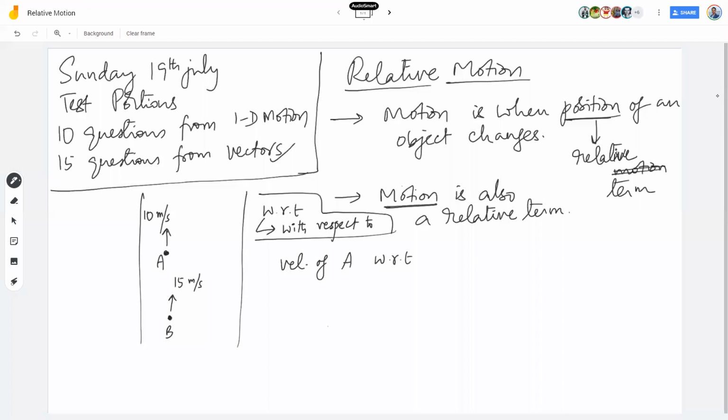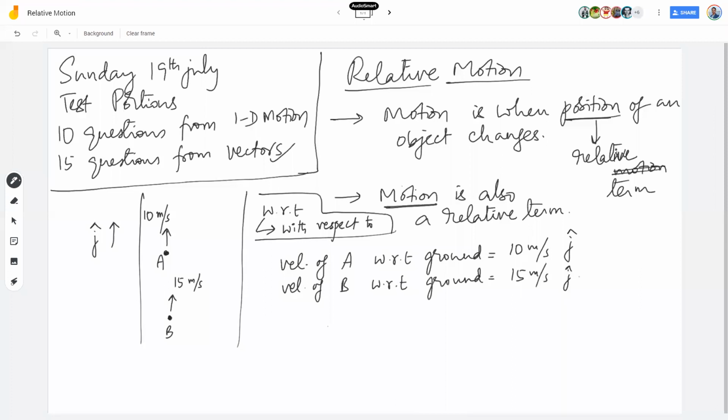Velocity of A with respect to the ground is given as 10 meters per second, maybe J cap. Let us call that J cap direction. I can call it any direction. I'm just giving it a unit vector, 10 meter per second, J cap. Velocity of B with respect to the ground again is equal to 15 meters per second J cap.